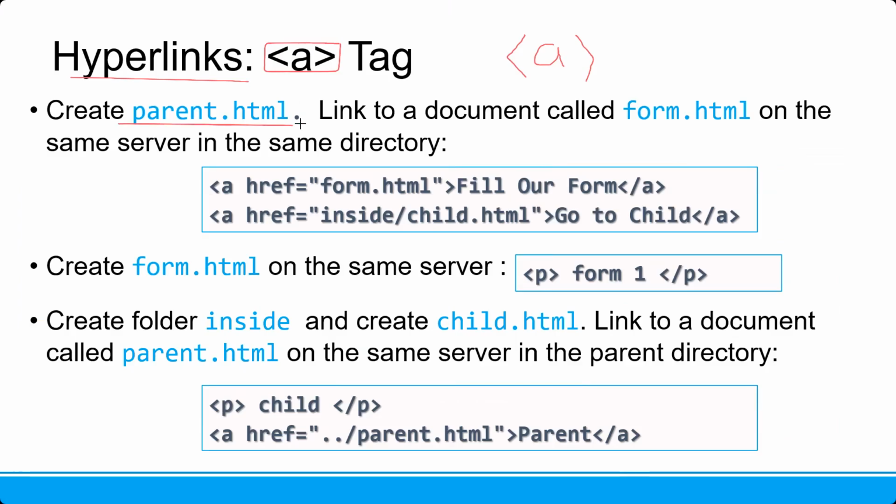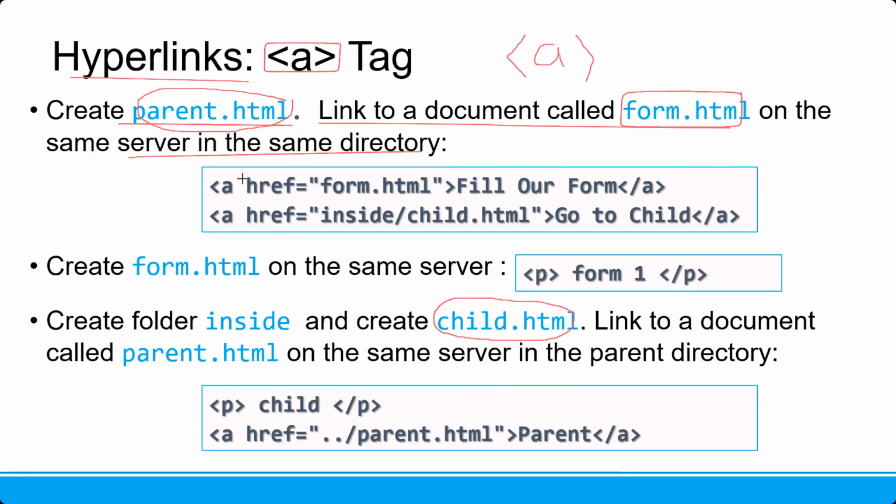And then I want to link a document called form.html on the same server in the same directory. So I will have parent.html, and then I will have form.html, and later on I will have child.html. Okay, so I want to connect 3 different files. How can we create that one?